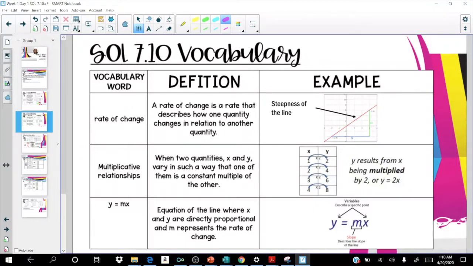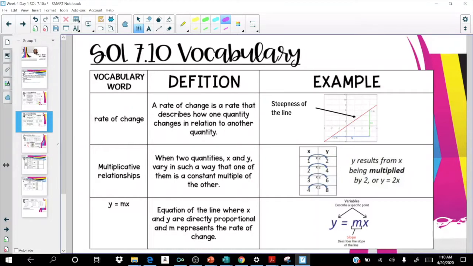Multiplicative relationships. When two quantities x and y vary in such a way that one of them is a constant multiple of the other. So if you look at your table of values, x is being multiplied by 2 to get y. And that is happening for all of the x values in the table.